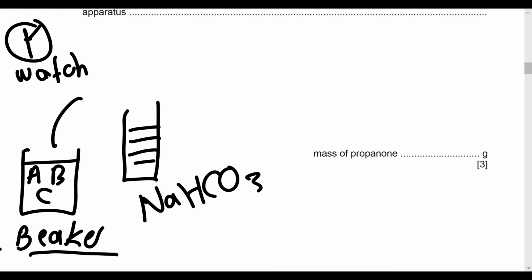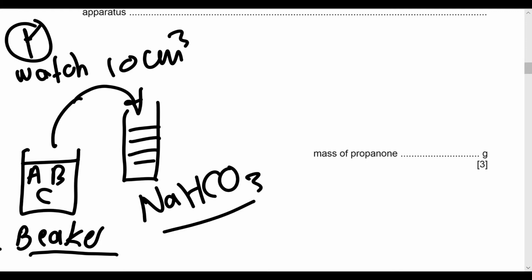You will transfer 10 cubic centimeter here after 10 seconds or 20 seconds. So this sodium hydrogen carbonate will react with the portion, which is 10 cubic centimeter of this mixture, to stop the reaction. Why stop the reaction? To determine the unreacted iodine.